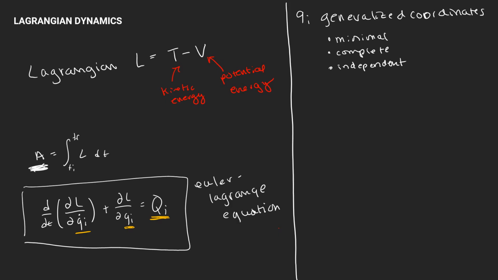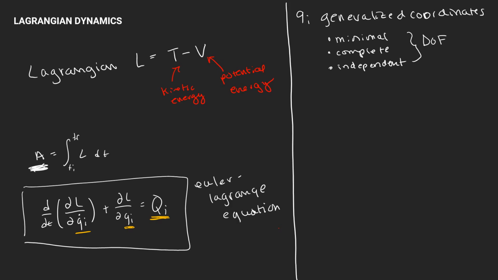So I also like to think of these as relating to our degrees of freedom, right? So in order to be minimal, the number of generalized coordinates we have should equal our degrees of freedom and should describe those degrees of freedom. For example, we've actually been using coordinates that can be used as generalized coordinates.